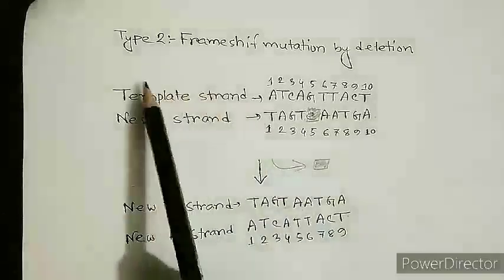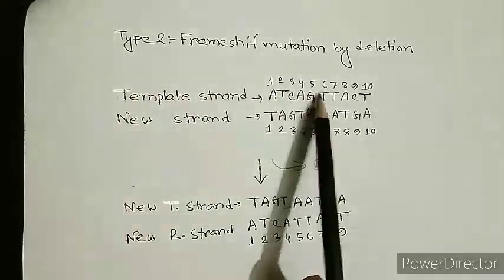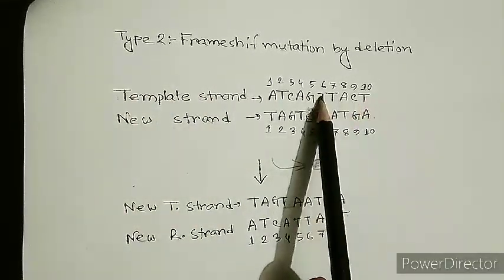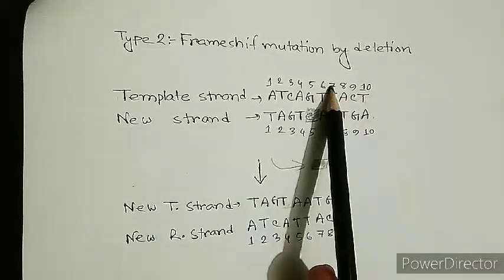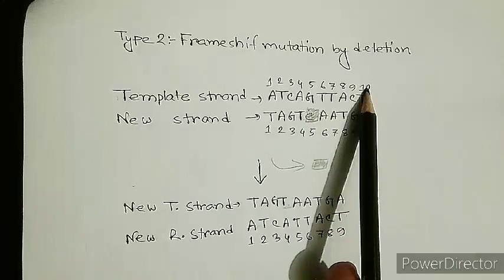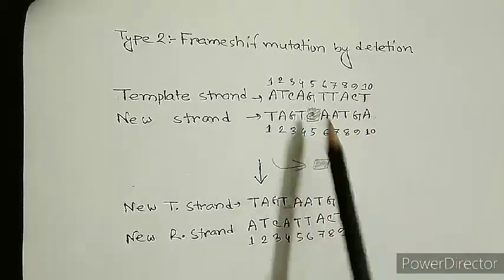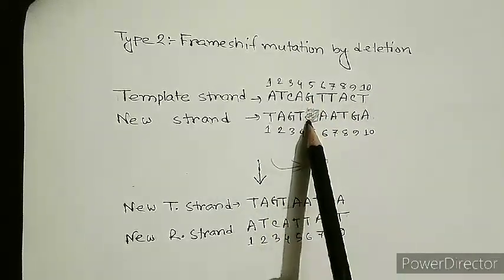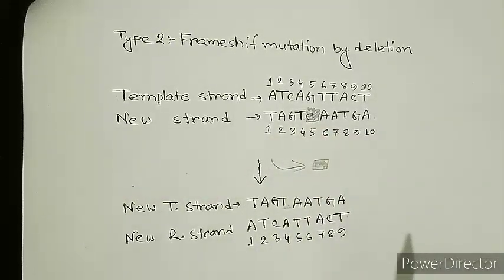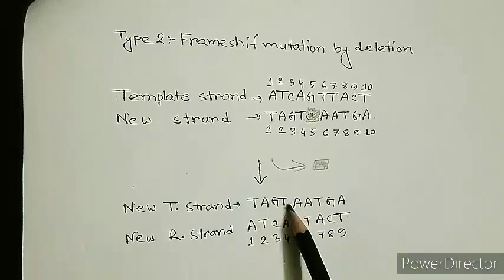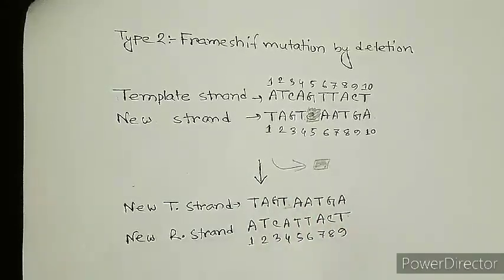Now we can see in the first template strand there were 10 base pairs where the TTACT was on the 6, 7, 8, 9 and 10th position. But here, as the C of this was replaced by an intercalating agent, the new template strand became a 9 base strand.